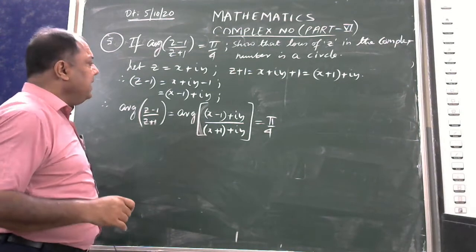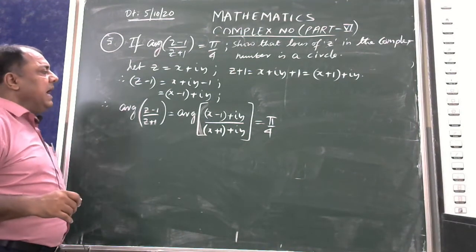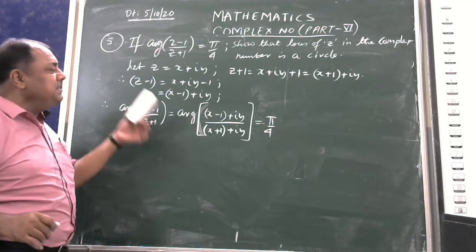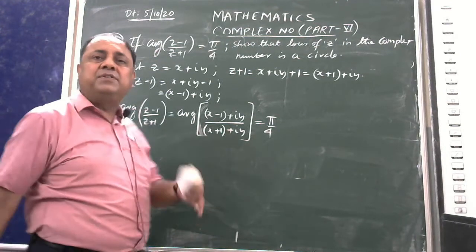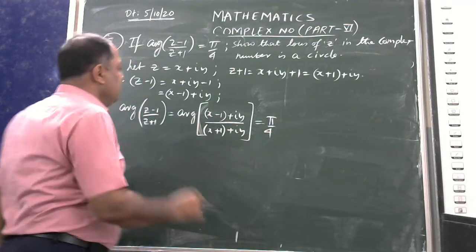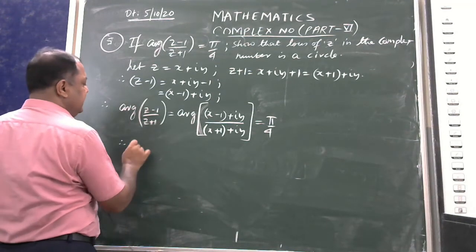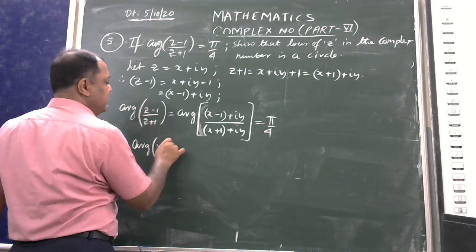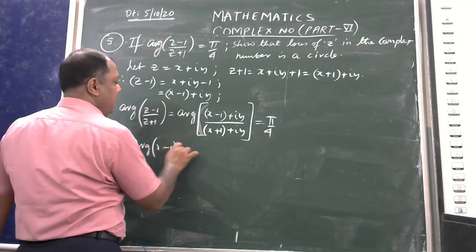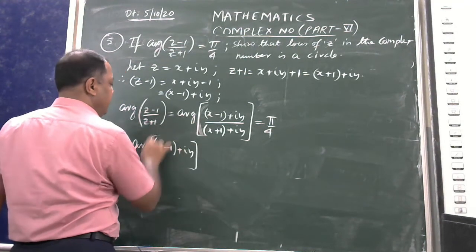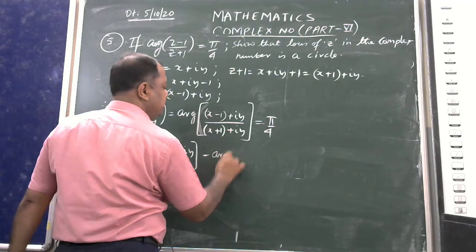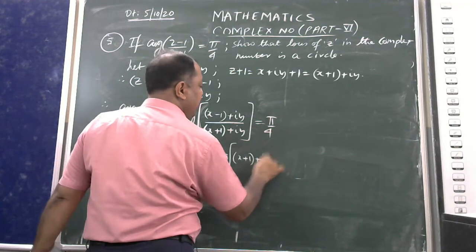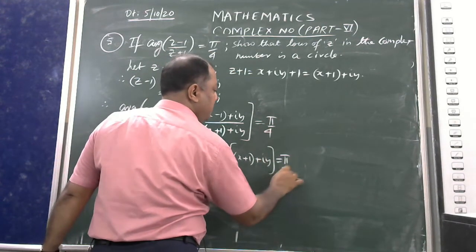Therefore, I use the property of argument: argument z1 by z2 is equal to argument z1 minus argument z2. Therefore, I will write this as argument of x minus 1 plus iy minus argument of x plus 1 plus iy is pi by 4.